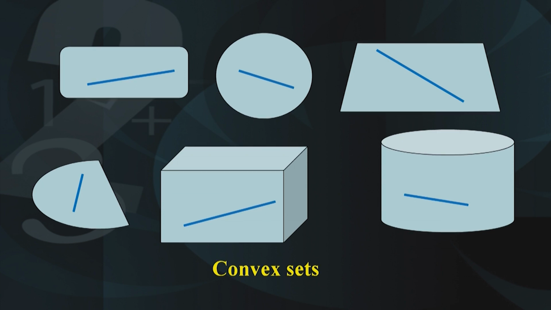Please note that this rectangular box is also a 3 dimensional box, and it indicates that if you take any 2 points and draw the line segment joining them, then that straight line is expected to lie in the set S, and that is the reason why these are all examples of convex sets.